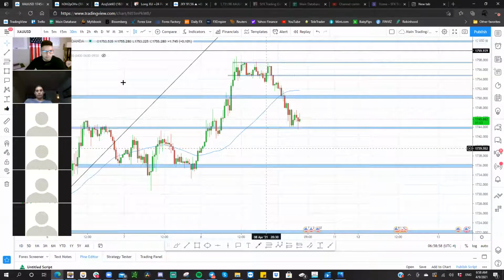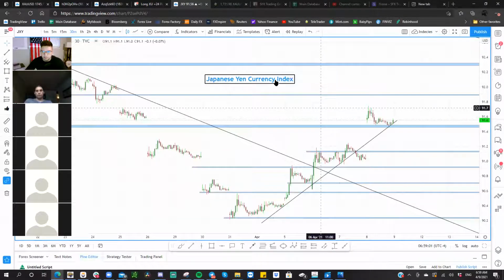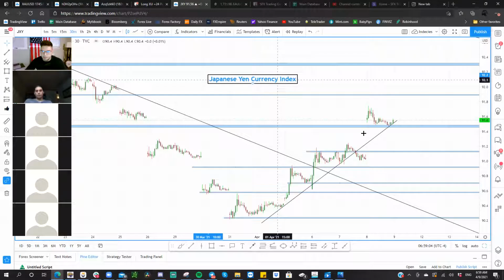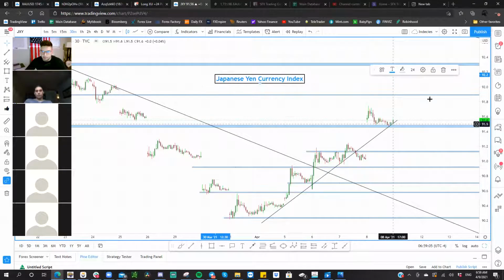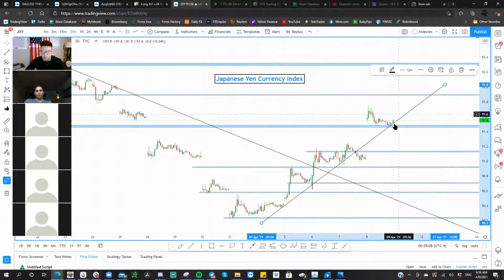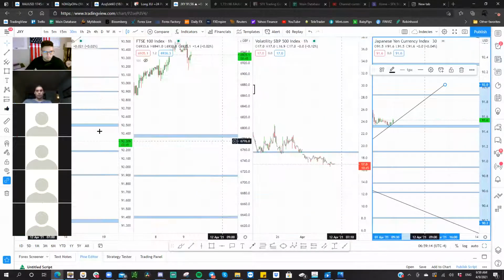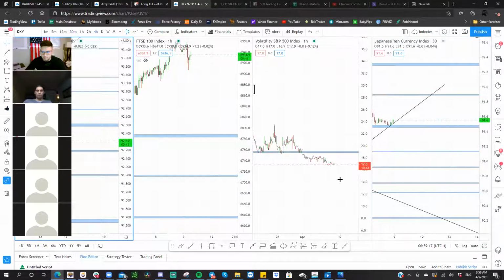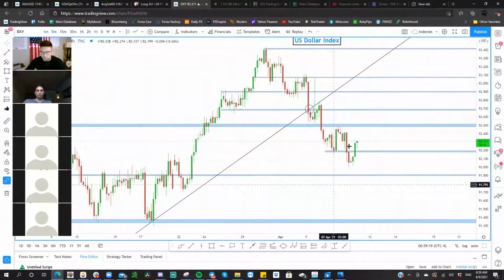Gold is coming back down. Let's look at the DXY. Japanese currency index, man, look at this thing. We're forming support, retesting this high up here. Looks like respecting this trend that we've been in. Let's look at the currency index. Yeah, bearish trend.